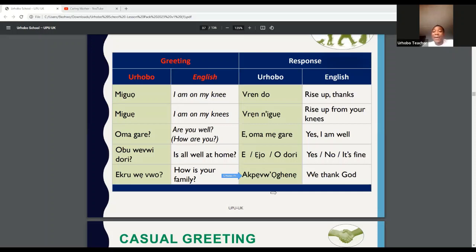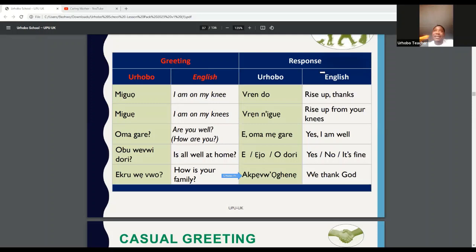So akpewo ogene. Now I understand what you're saying. That is not every case, but if you are doing a noun and adjective combination, the noun always comes first, but there are exceptions, as you rightly said. There are exceptions when the noun has to come later.